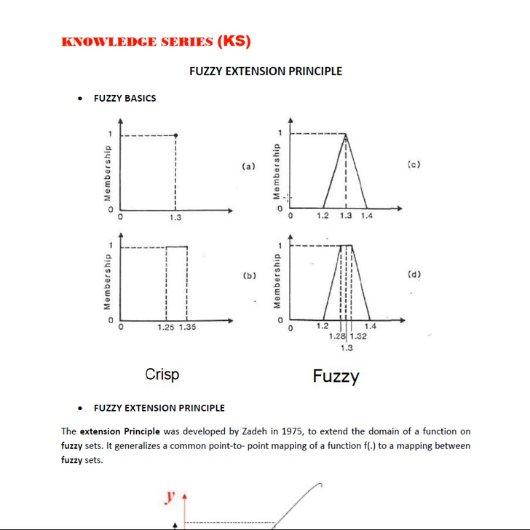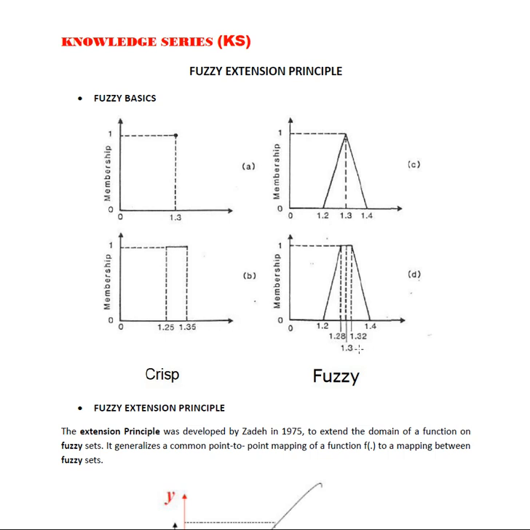you have a range of values, so that is a different membership value. Now, when you look at this second set of figures, you have a range of values, that means 1.25 to 1.35. At this particular point the membership value is equal to 1 for the interval of 1.25 to 1.35.